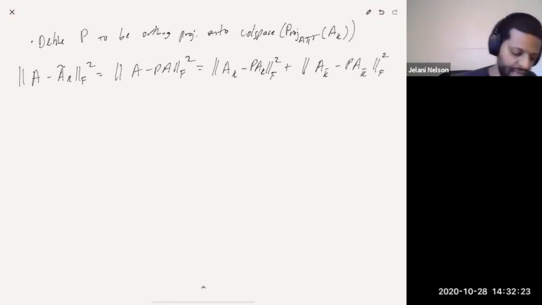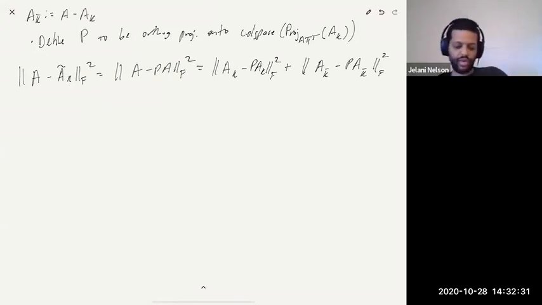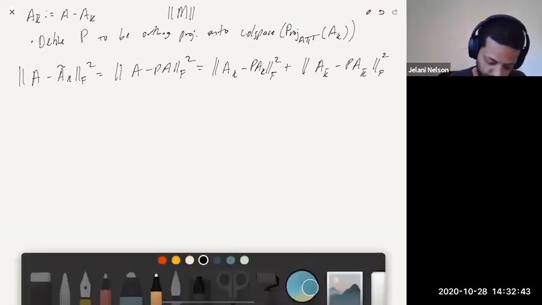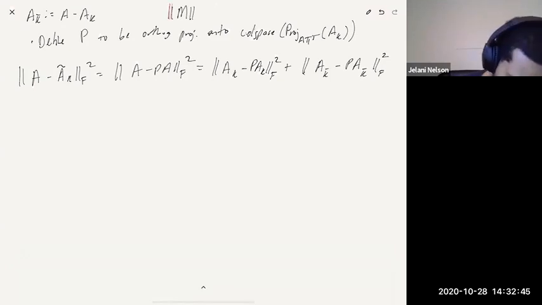When I say A K bar, what I mean is A K bar is just defined to be A minus A K. Maybe you're not used to seeing this, but a fun fact is that the Frobenius norm squared of a matrix M, let me write that up top in red, is just the same thing as the trace of M transpose M.